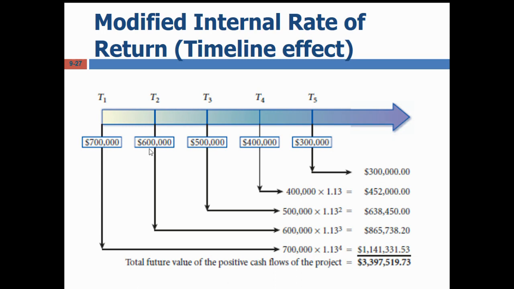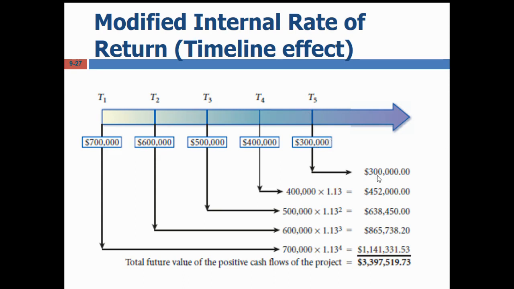The same applies in year two. The 600,000 you reinvest for 1, 2, 3 years, therefore power of 3. This one you reinvest for 2 years. For 400,000 you reinvest for 1 year, and whatever you receive in year five, you cannot reinvest because the project ends in year five.